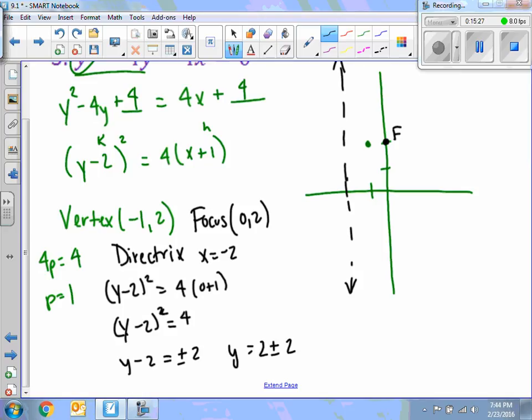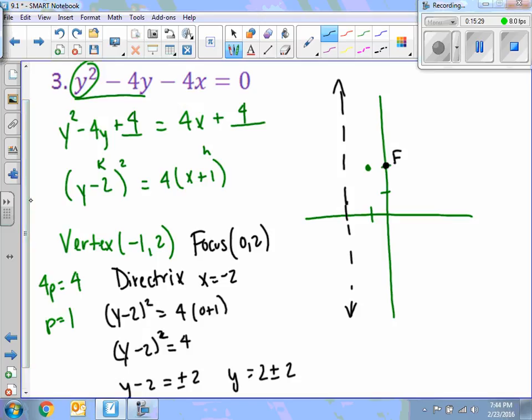So my answers for y are either 0 or 4. Make my parabola. Remember, your parabola will always, always, always open away from your directrix. Your focus always needs to be inside your parabola.